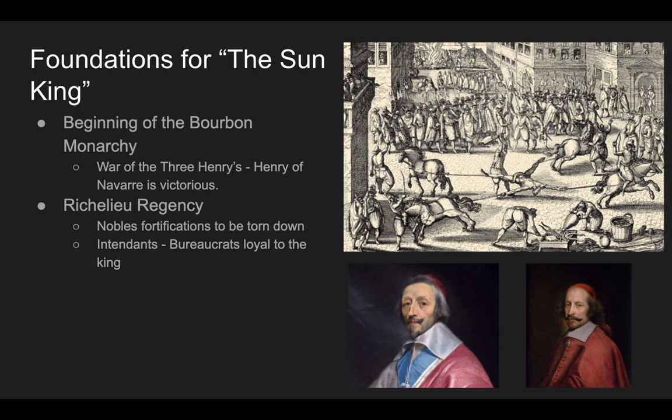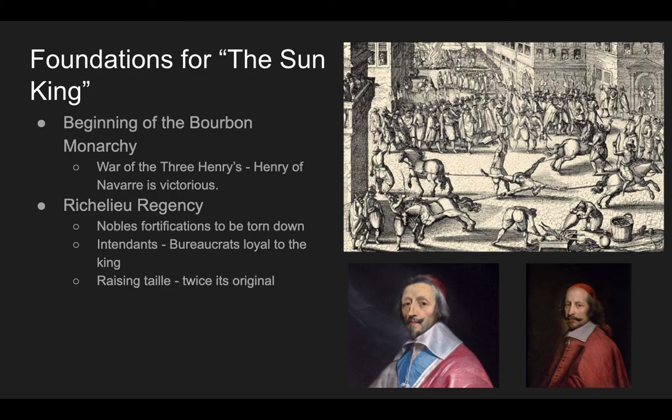But in general, I want you to know that the intendants are an example of Richelieu growing the bureaucracy of the French crown and ensuring that that bureaucracy is loyal directly to the king, or in this case, Richelieu and his regency. Again, one of the major issues for the French crown was the fact that they did not have the funds to compete with the nobles.